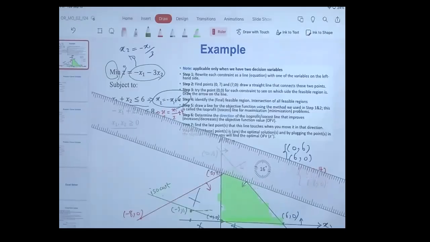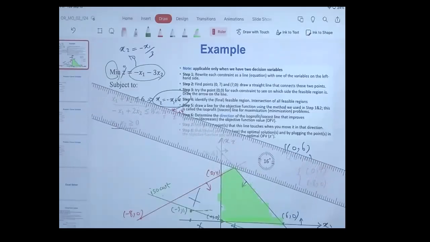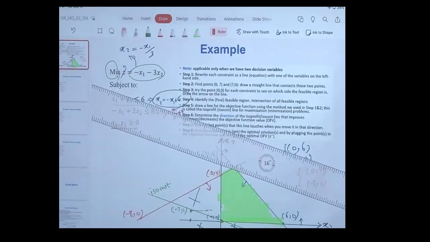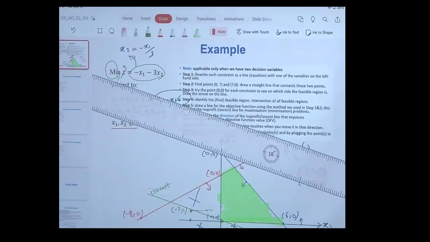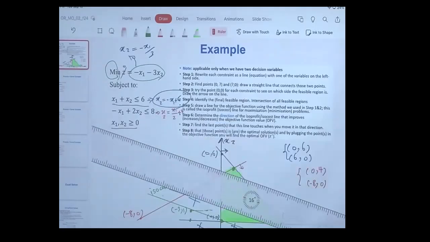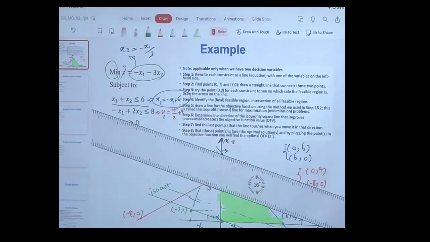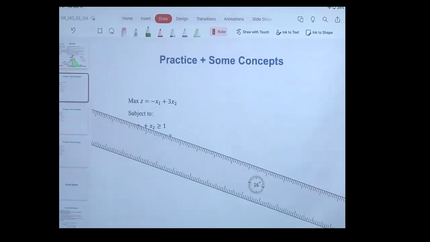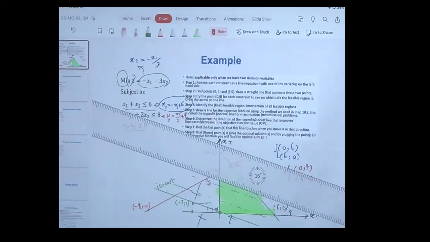What is the last point that it touches before leaving? This point, right here. So when I move it in this direction, the value keeps decreasing.